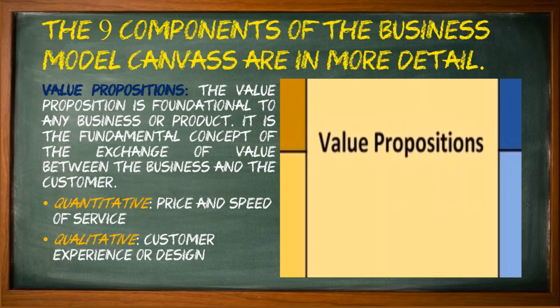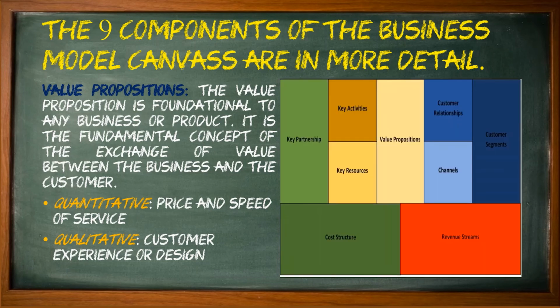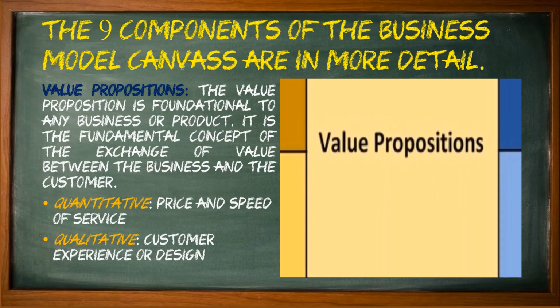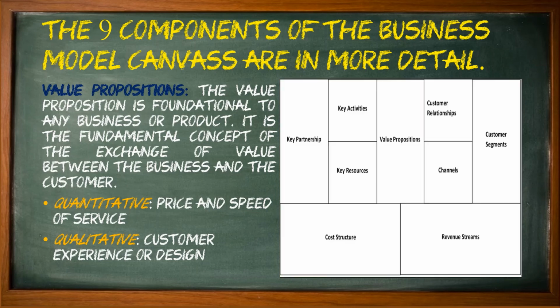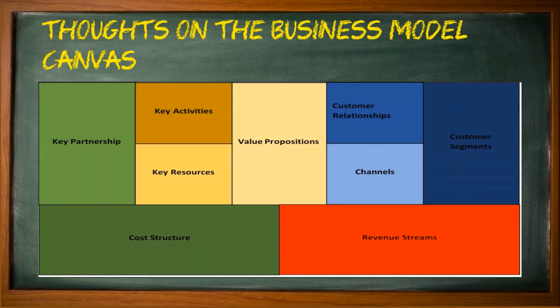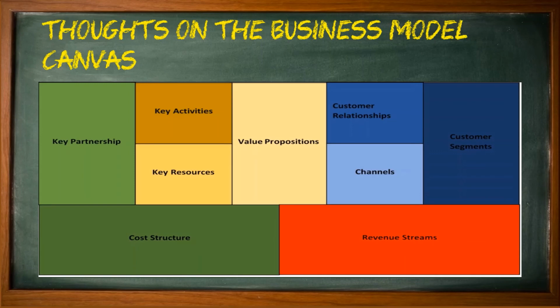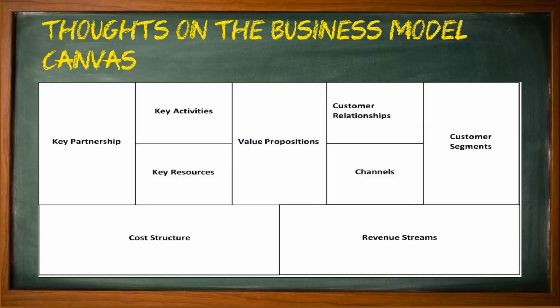It is important to have context around the goals the company is trying to achieve for their customer segments and where the business or goods or service fits in the value chain. Thoughts on the business model canvas. Each of these blocks needs to be accurately filled in, and revisited regularly to ensure the business model is still accurate.